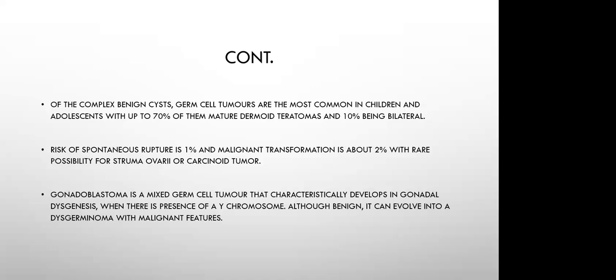The malignant transformation is about 2% with possibility for struma ovarii or carcinoid tumors. Both of them are extremely rare. And then the carcinoid tumor may also be related to an appendicular lesion, an appendix tumor.